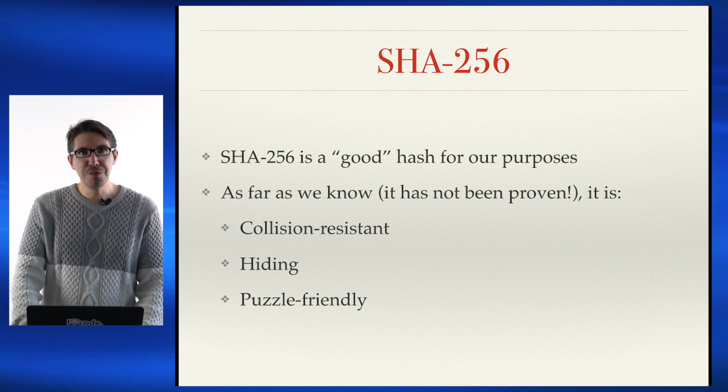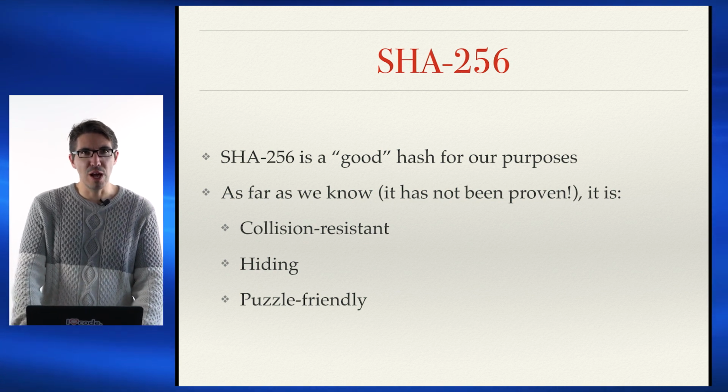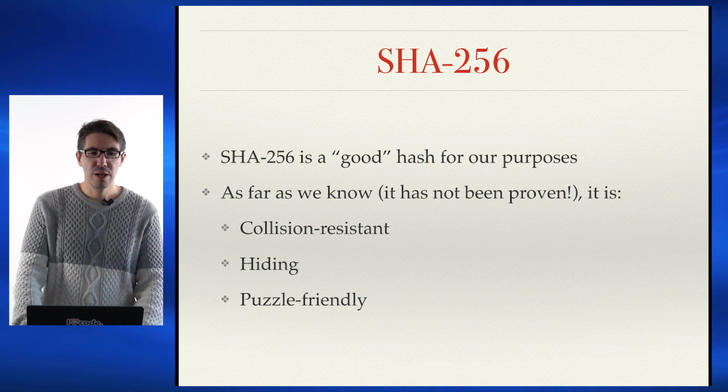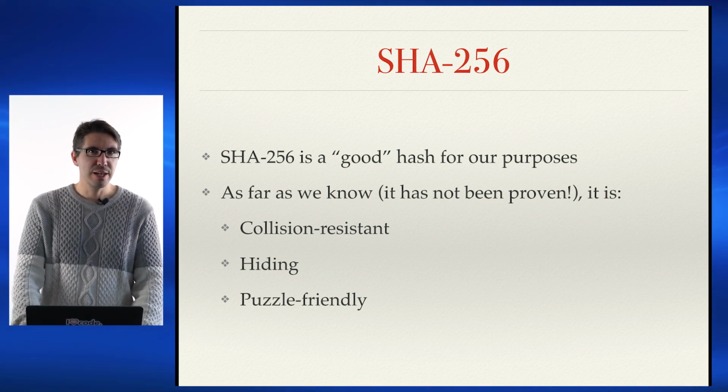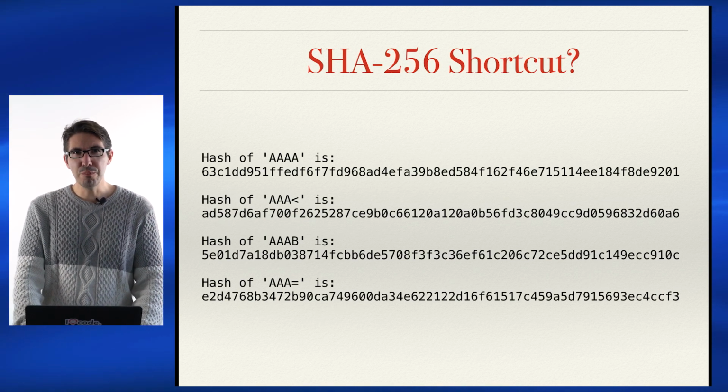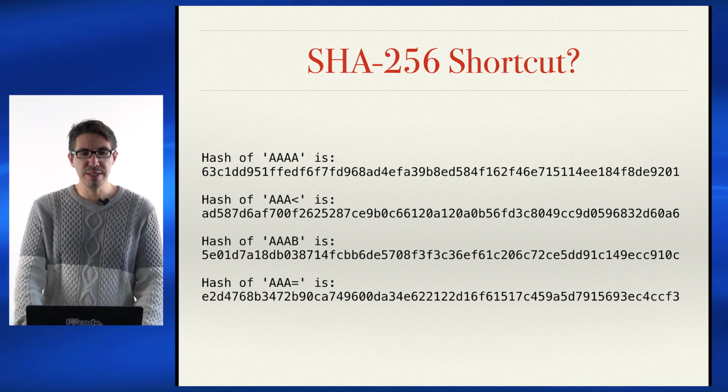We'll use SHA-256 as an example for a lot of our hash functions here, as it is a good and well-known cryptographic hash function. It is collision resistant, it is hiding, and it is puzzle friendly. It produces output of 256 bits.